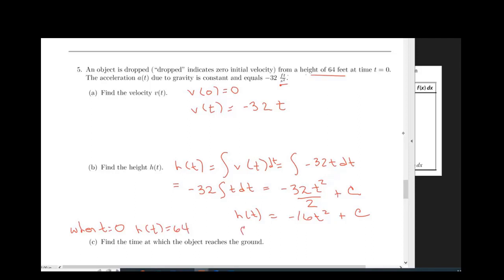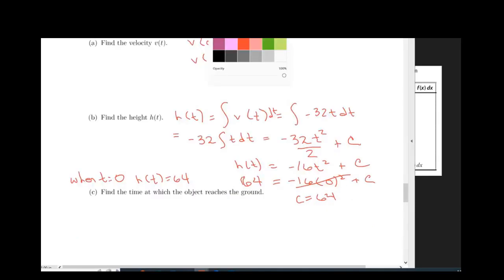I can say that 64 is equal to negative 16 times 0 squared plus c. Obviously, that's 0, which makes c equal to 64. So I know h of t is equal to minus 16 t squared plus 64.